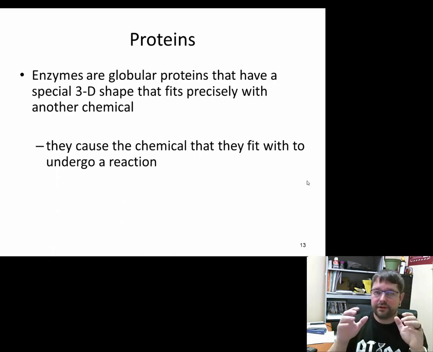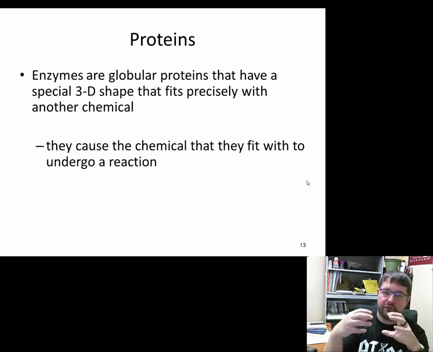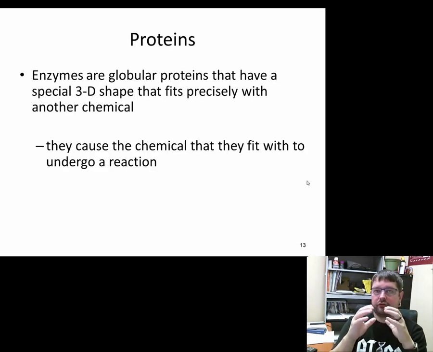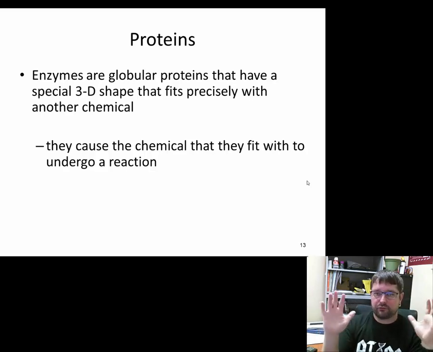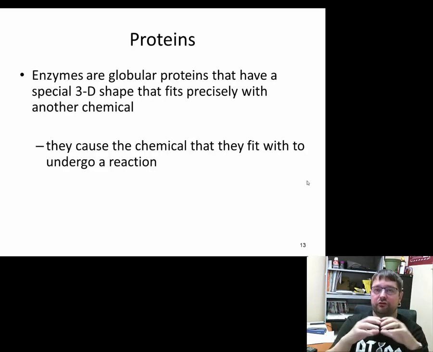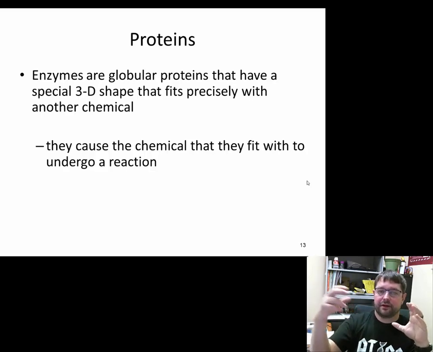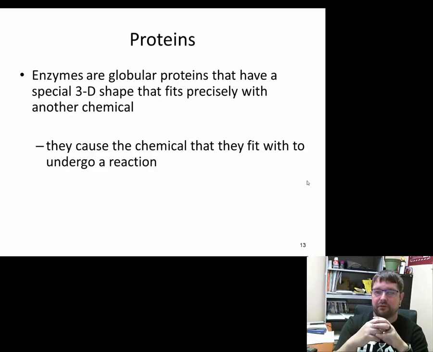When that other molecule fits in that activation site, the protein changes shape. Now, it doesn't change shape by flexing its muscles or anything like that, because we're talking about macromolecules. It changes shape because of the charge of whatever that chemical is that just encountered that molecule.